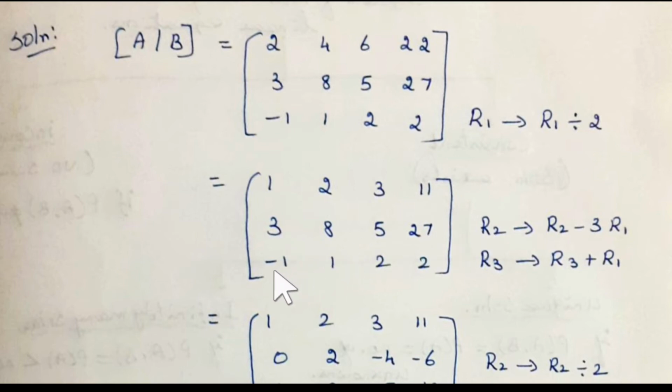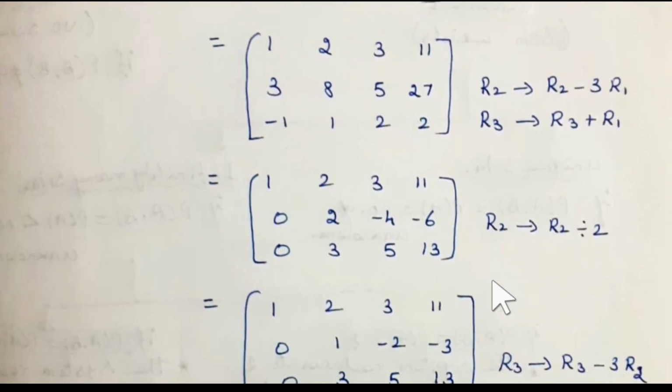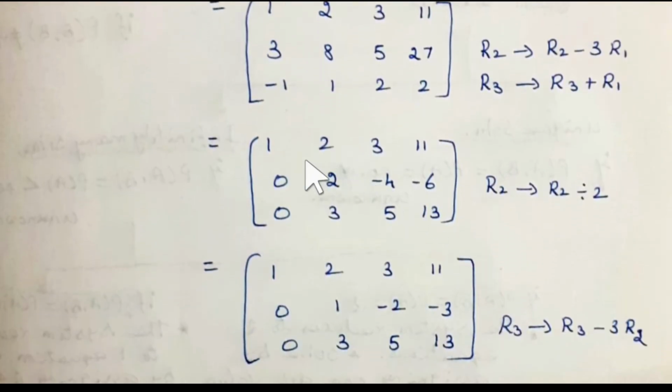Then to make this minus 1 as 0, simply add the third row with the first row. That is R3 implies R3 plus R1. So after giving these two transformations, the above matrix becomes 1, 2, 3, 11 and 0, 2, minus 4, minus 6, 0, 3, 5, 13.